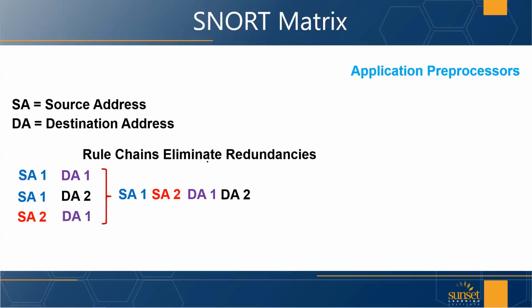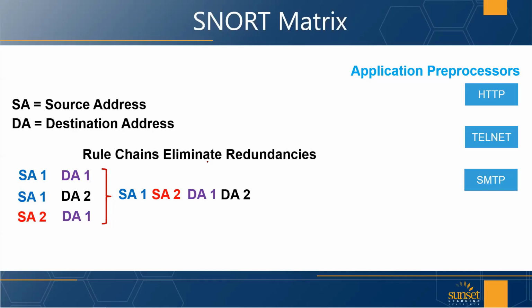This is SNORT 2.9, which is up through 6.7. In 7.0, you get a chance to go to SNORT 3.0, and they don't call them preprocessors anymore. I don't remember the name, but they don't call them that. But in this case, I've got HTTP, Telnet, and SMTP like we had before. What happens is we've loaded these preprocessors that basically have downloaded what the RFC says HTTP, Telnet, and SMTP should look like. So now I've got source address 1, but source address 1 is tied, like we just showed you, to Telnet and SMTP.